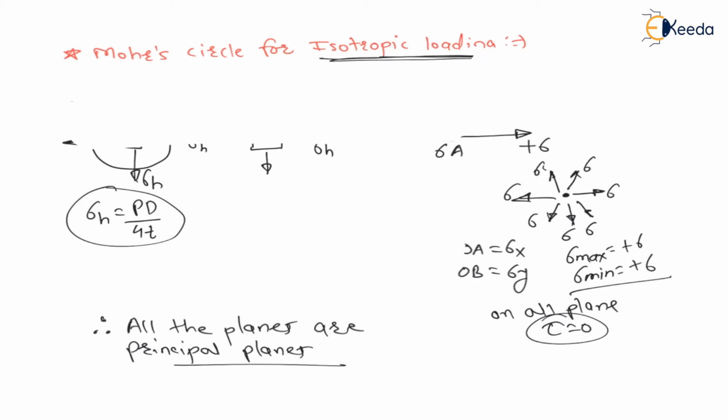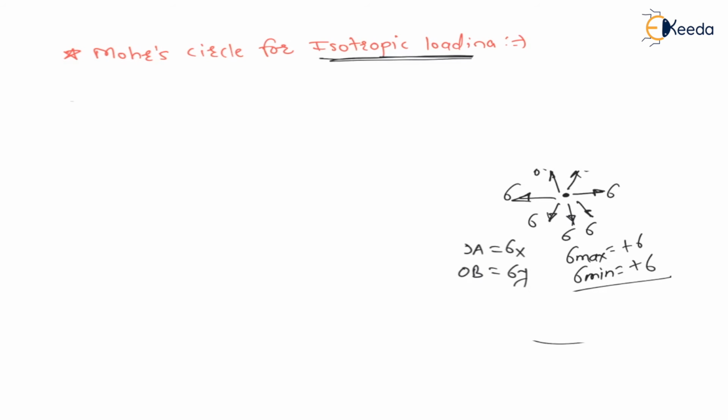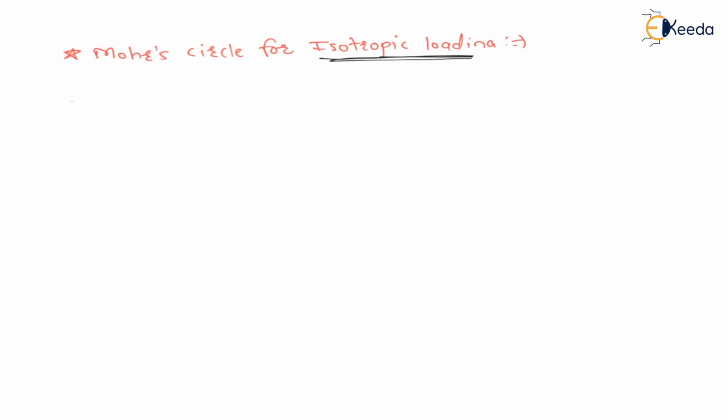Now another example of isotropic loading is hydrostatic pressure. Here I am considering a 2D element, 2D loading.